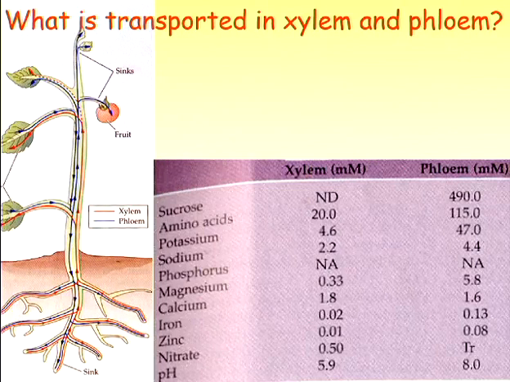How do people study these kinds of things? That's always interesting to look at. You can actually collect xylem fluid and phloem fluid. I'll show you some pictures of how that's done. Once you have collected droplets of this liquid, you can analyze it.